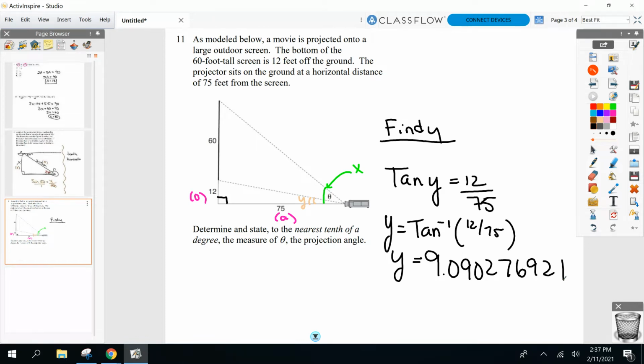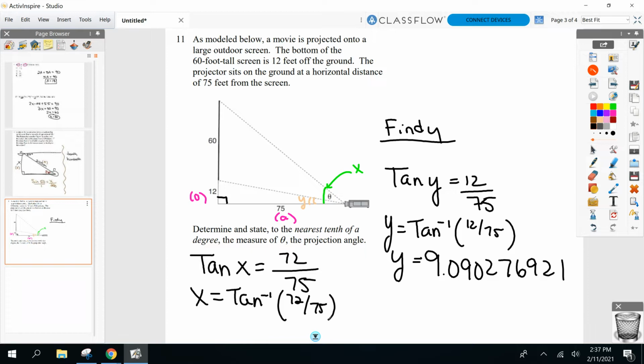Now let's find x, the one in the big right triangle. Now I can do tangent again. Tangent of x. Opposite side now is 12 plus 60, 72. And the adjacent side still remains 75. Again, inverse tangent. Let's see, inverse tangent 72 over 75.